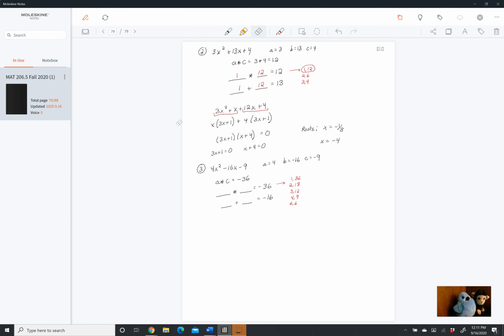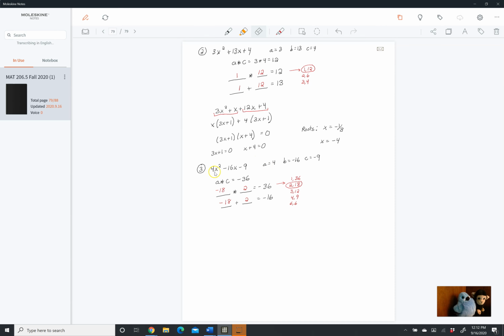Okay, so again, there are a lot of factors here, but only one of them will give us a 16. That's the 2 and the 18. We need a negative 16, so that means that we need a negative 18 and a positive 2.